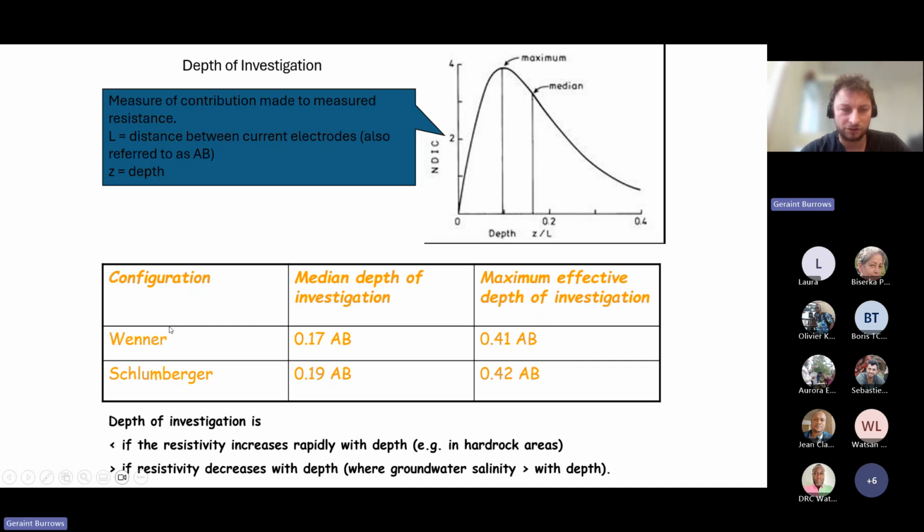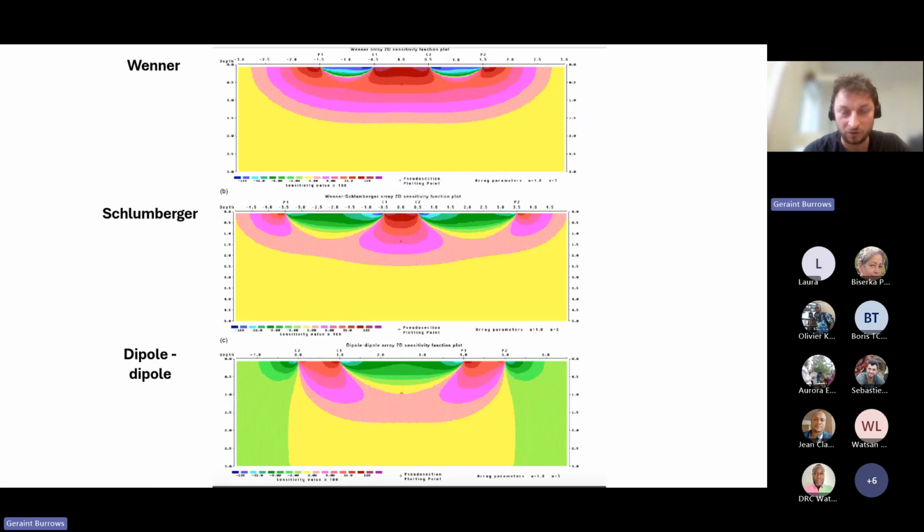Depending on the configuration of your electrodes will depend on the depth penetration that you get, which you could say is the most contributing depth for that particular array. With a Wenner array, the median depth of investigation is around 0.2 of the distance between A and B. And I apologize, I said 0.2 to 0.48 a while ago, but it's 0.1 to 0.3.